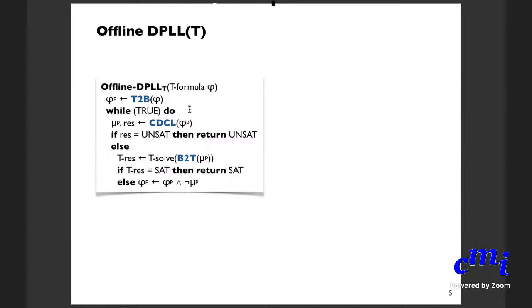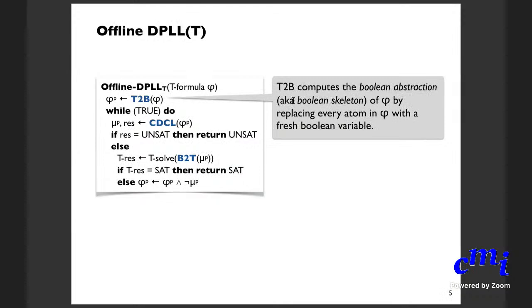So here is what you do. You assume that your SMT formula is converted into a CNF form. And then what you do is T to B, theory to Boolean: you just replace every atomic predicate in that by a propositional variable. That is, T to B computes the Boolean skeleton of that.